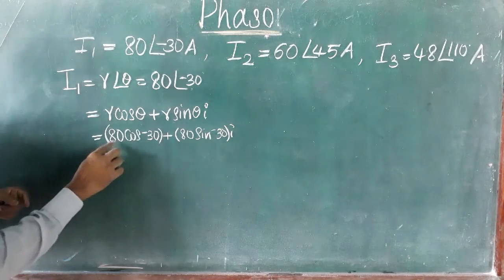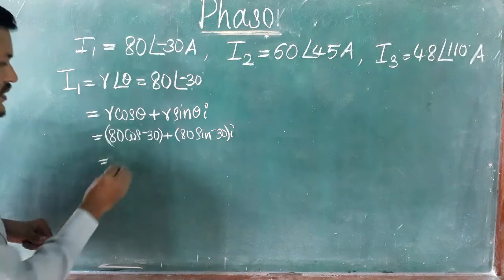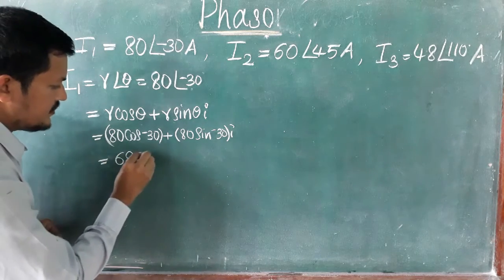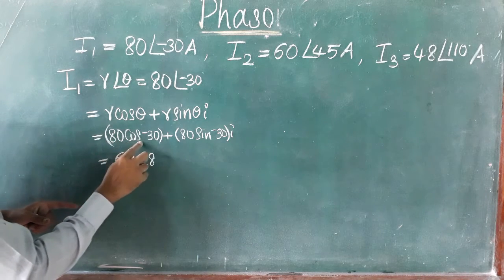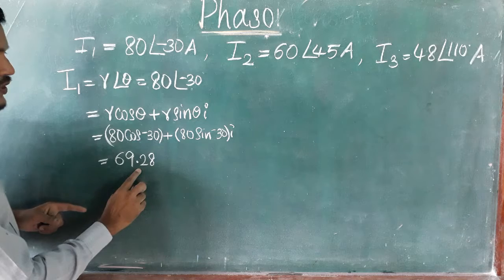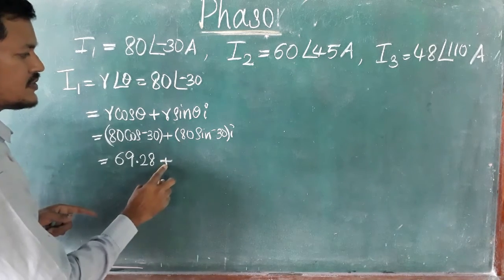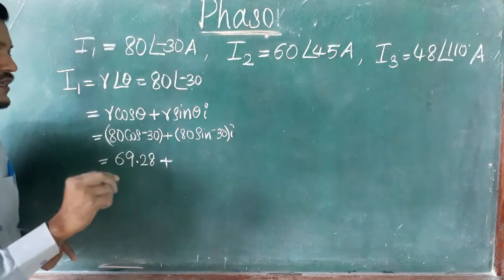So 80 cos minus 30 is 69.28. Clear? 80 into cos minus 30 gives 69.28, plus, we don't know whether it is plus or minus, 80 sin minus 30.